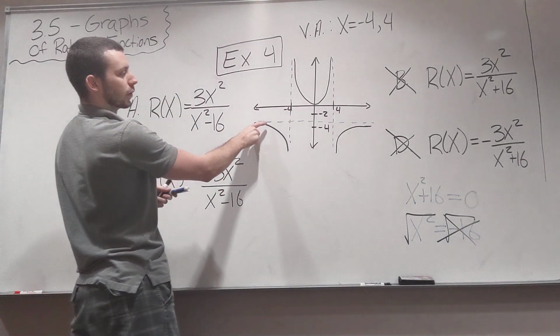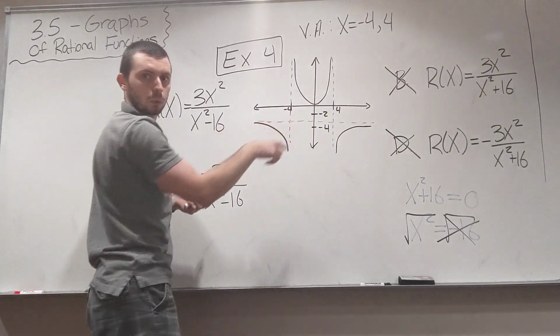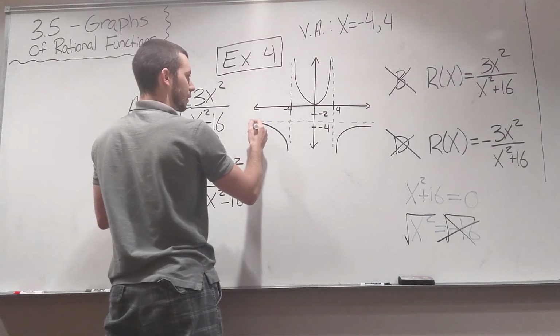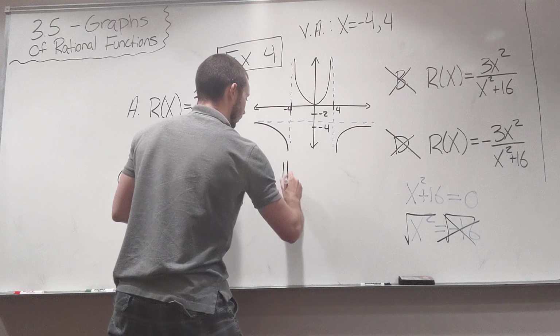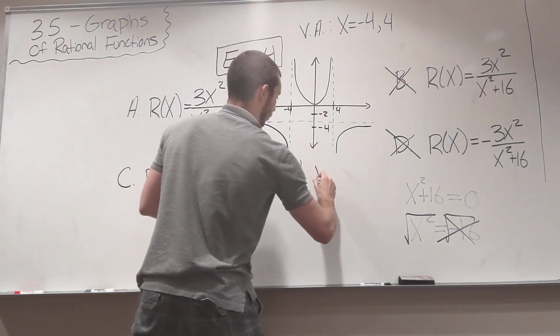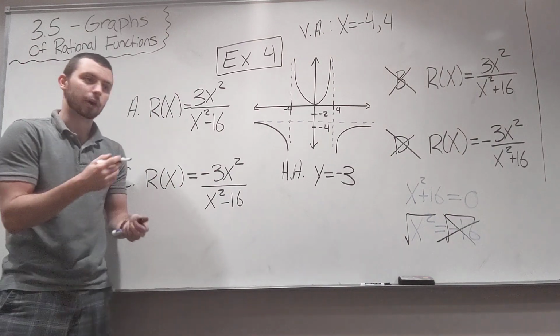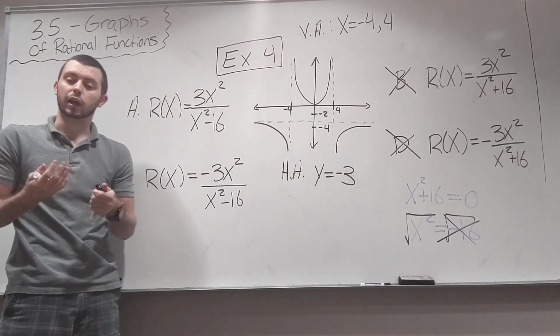So you might notice, since they give us -2 and -4, we can interpolate that the horizontal asymptote, I'll write it in black, is y equal to -3, which means the correct function's horizontal asymptote needs to be -3.